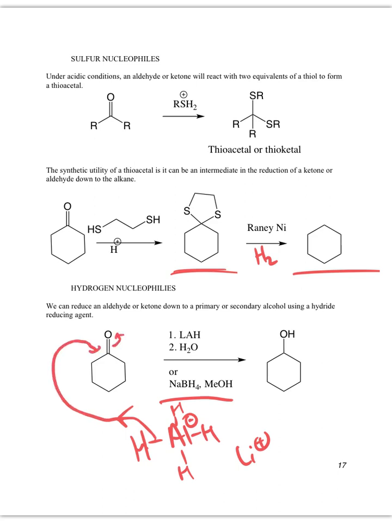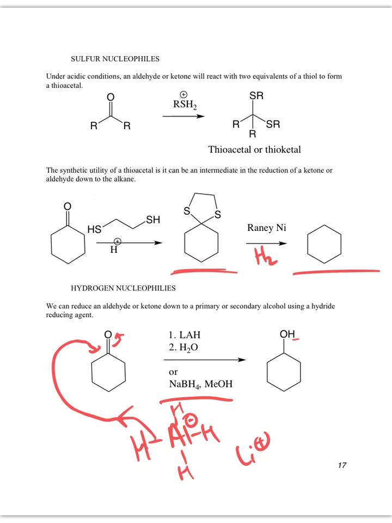Because remember, where does anything add to the carbonyl? It always adds to the carbonyl carbon. And then the hydrogen on the oxygen is going to come from your acid workup or from the water workup in the second step of this. Okay.